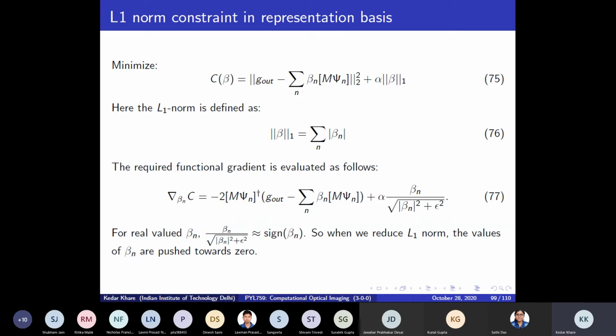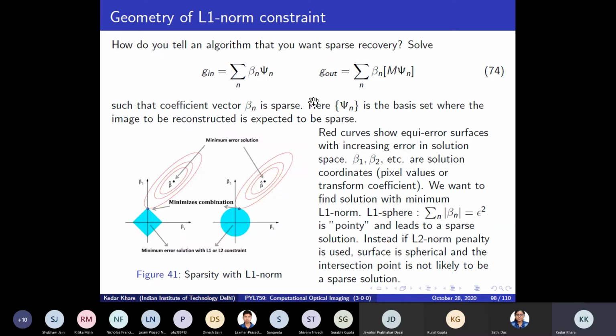Okay. Suppose I draw a picture in 2 dimensions, but there are actually N axes like this. I have drawn a picture on beta 1 and beta 2, but since we have N pixels in the image, which could be as large as millions, this picture has to be imagined in N-dimensional space.